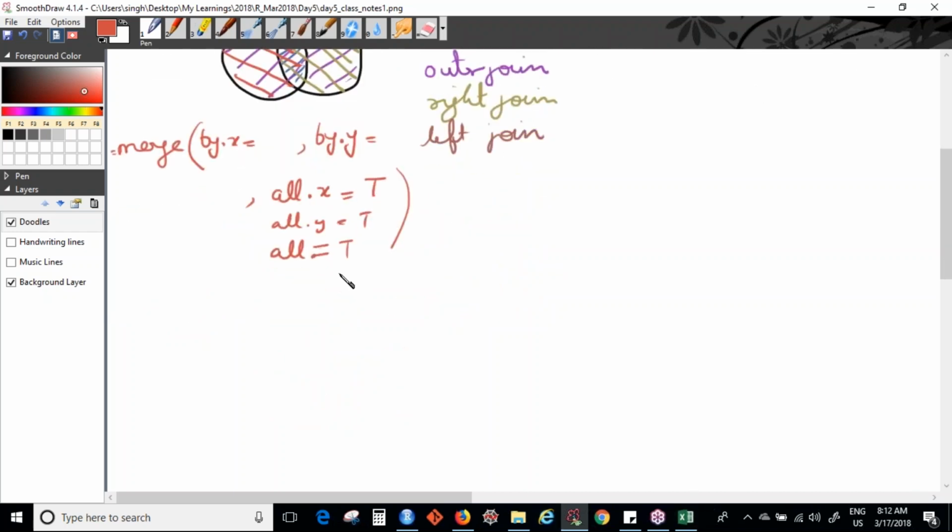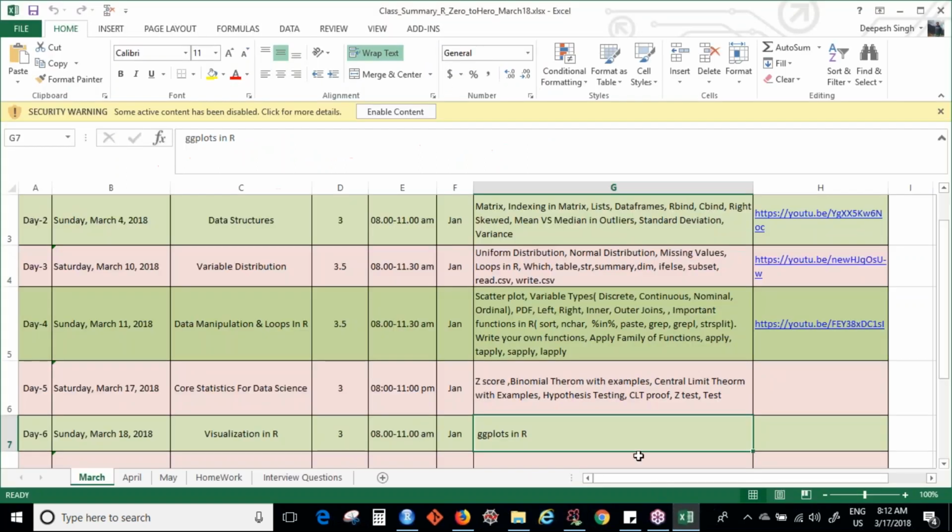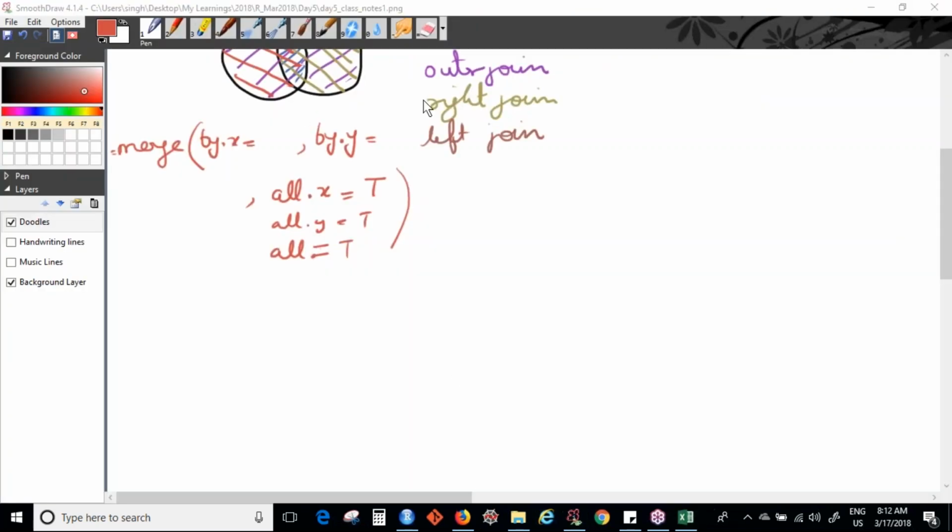Now moving ahead from joins, we saw a few important functions in R. We saw what is a scatter plot. A scatter plot is a normal two-dimensional plot between two variables. You represent it by the coordinates of the point.